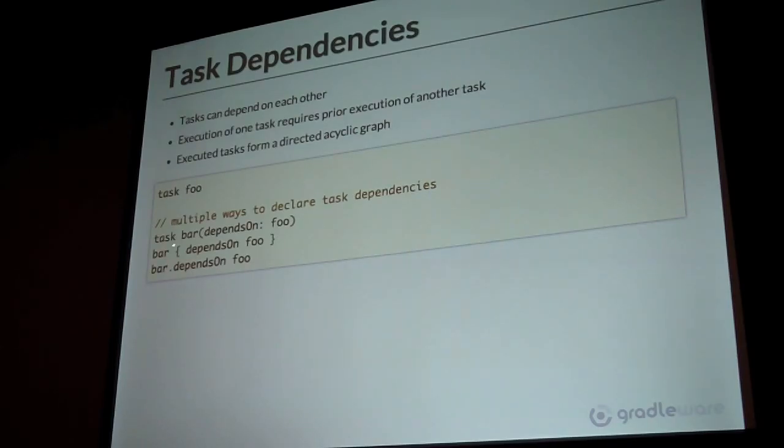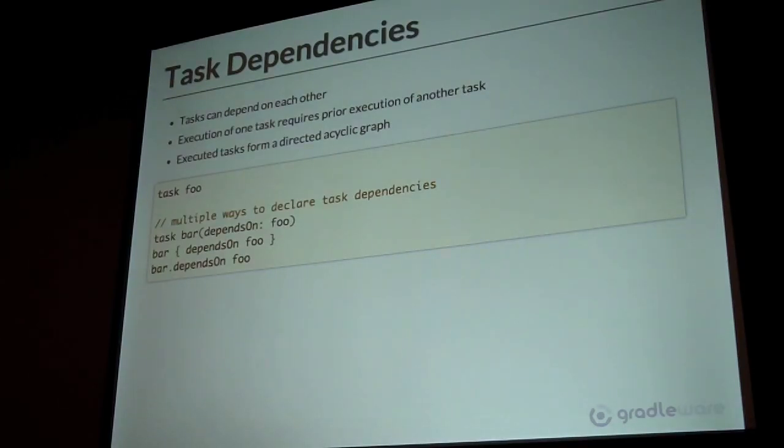And then we add another task bar, and now we want to add a dependency. So we want to say that bar depends on foo. And what this really means, when would you add such a dependency? Bar depends on foo means that foo produces something, some files or something else, that bar desperately needs. So foo produces something that bar consumes. That's the only good reason why you should add a task dependency.